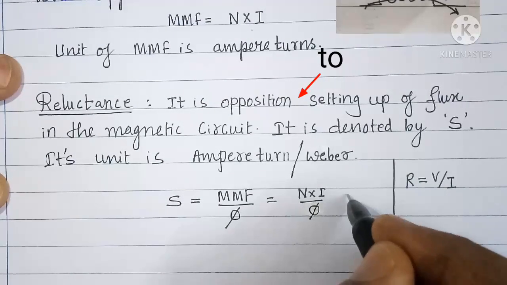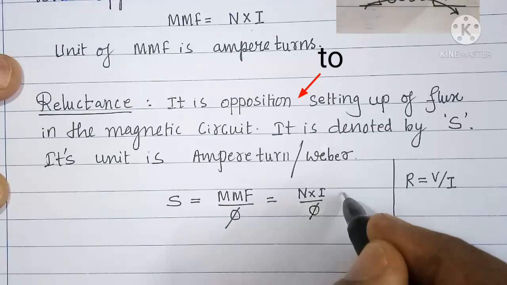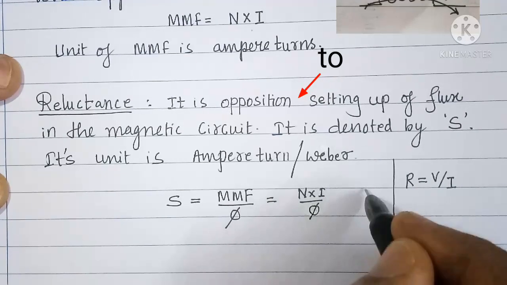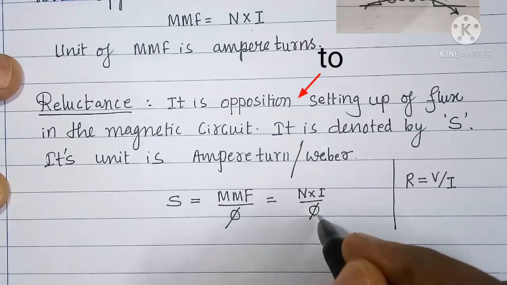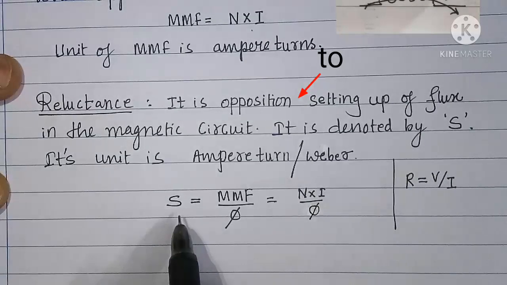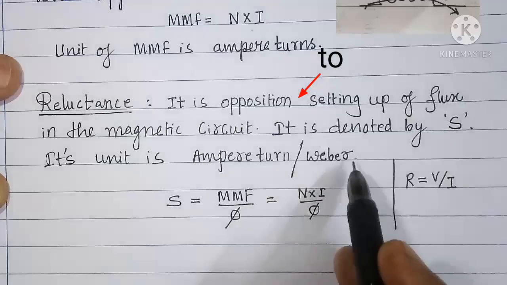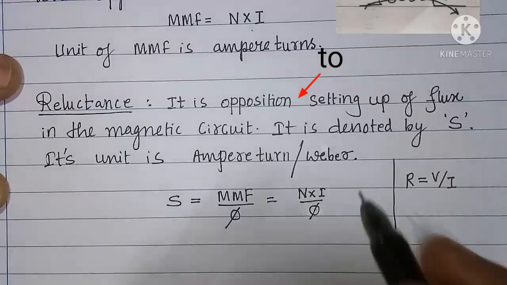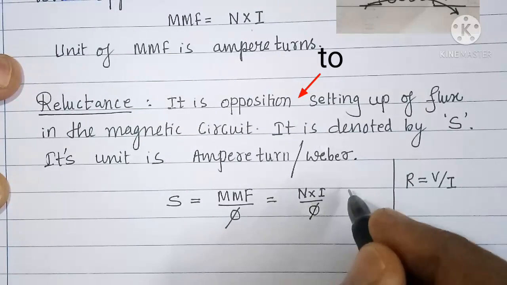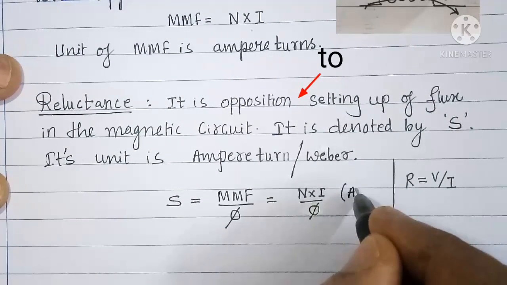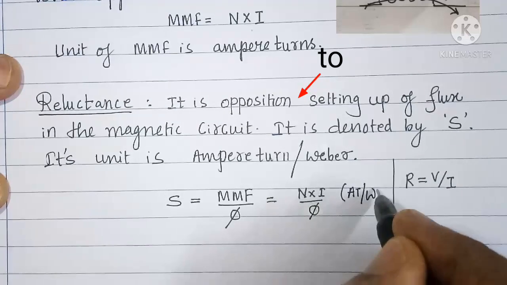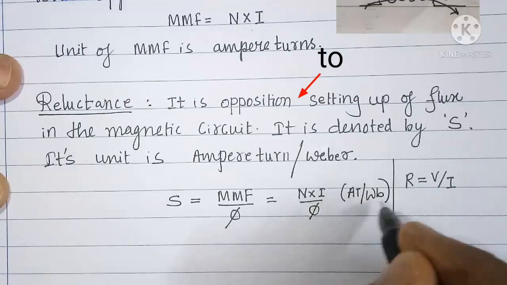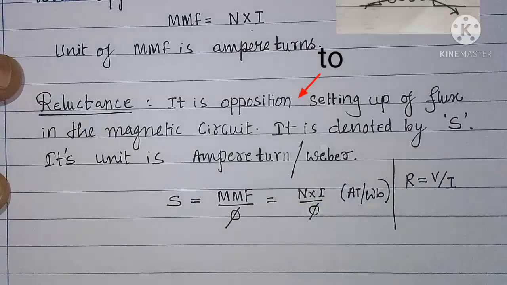Unit of N into I is ampere turn and unit of flux is Weber. Therefore, unit of S will be ampere turn per Weber. Ampere turn may be written in short as AT. So AT per WB. WB means Weber.